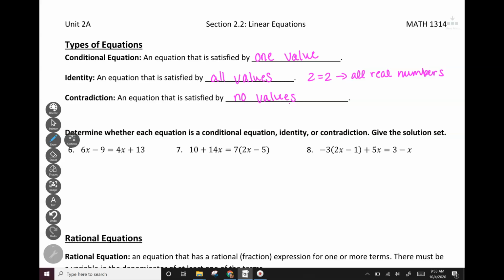And then the contradiction, it's satisfied by no values. So that's if you end up with something like 3 equals 0. Well, 3 doesn't equal 0, so that's going to be satisfied by no values. There's nothing you could plug in that would make that true. So you would just say no solution.